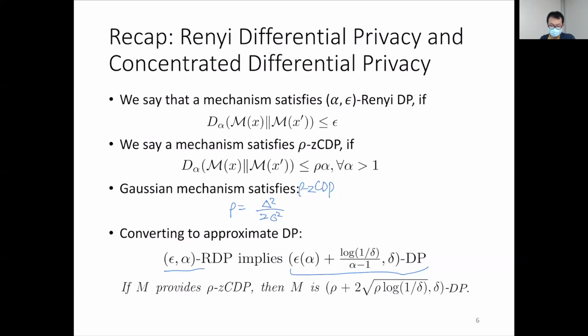And one nice thing about CDP is that it also has a cleaner conversion into epsilon-delta DP. So basically, it also satisfies an entire family of delta.